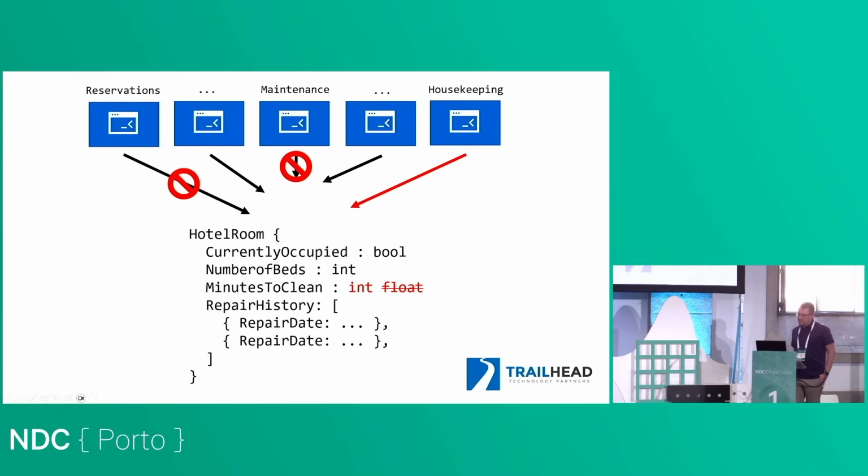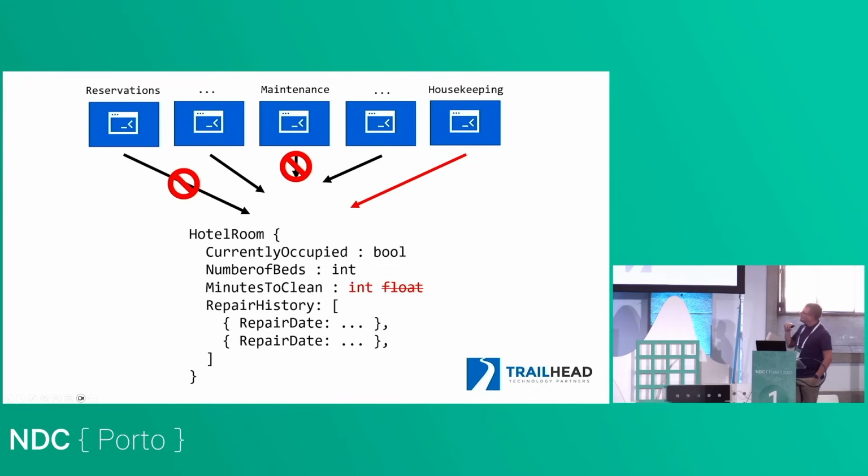So now what happens if the housekeeping service says, we don't really care how many seconds it takes to clean a room, we care how many minutes. So we're going to go ahead and update that from a float to an int. Be a little bit less accurate, but it's plenty enough accuracy for us to know how long to plan for every room to be cleaned.